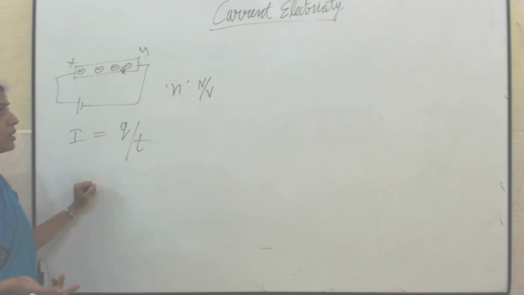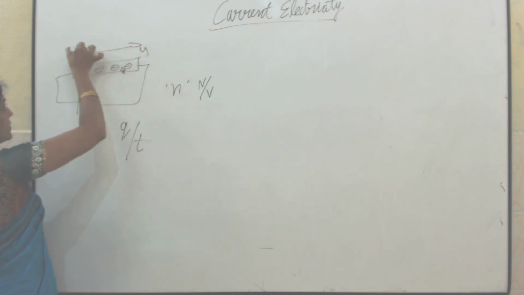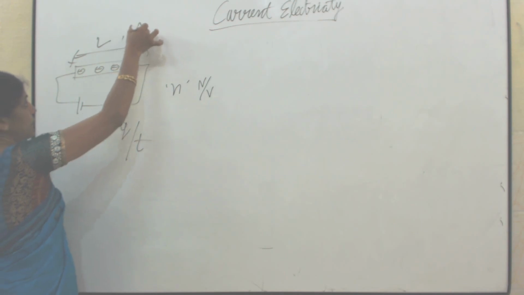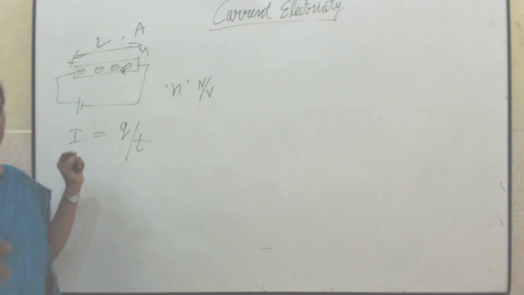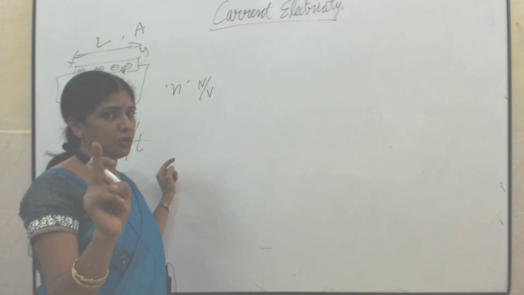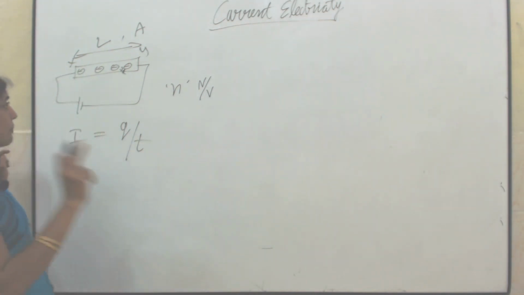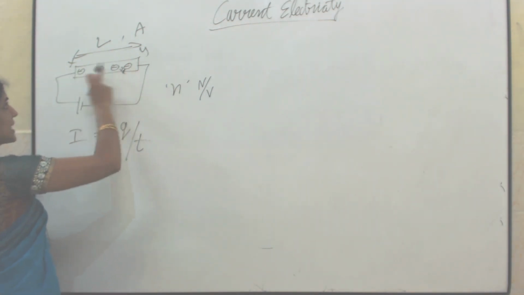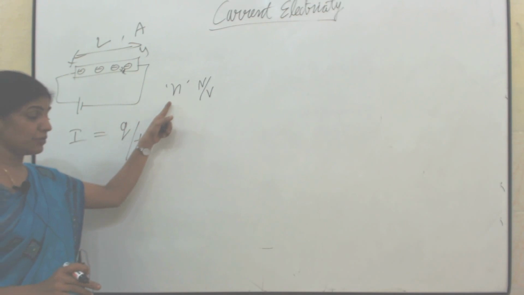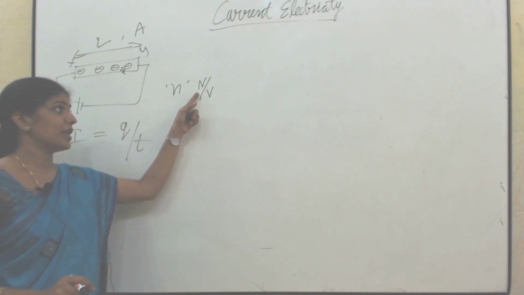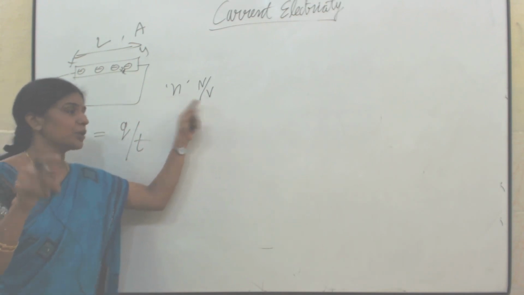Now I want to find out, let L be the length of this conductor and A be the area of cross section of this conductor.